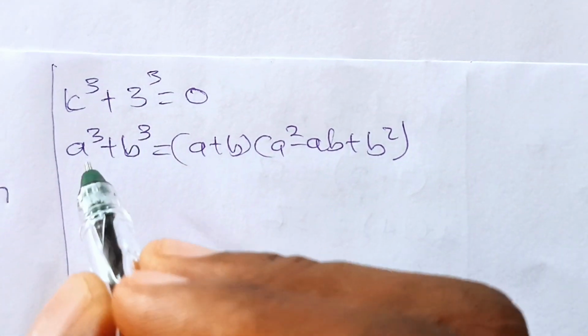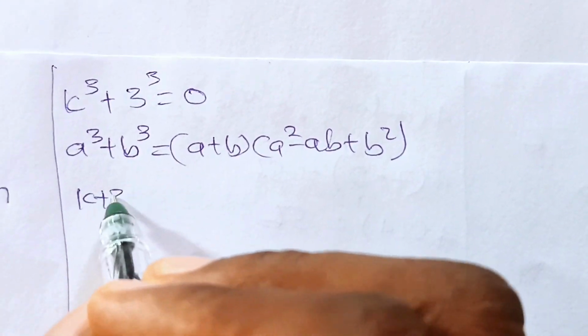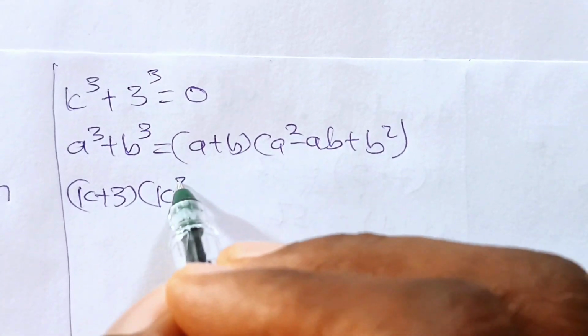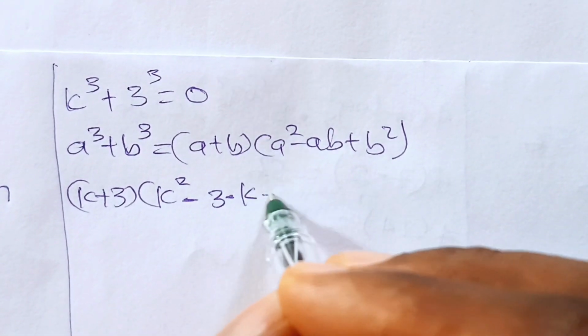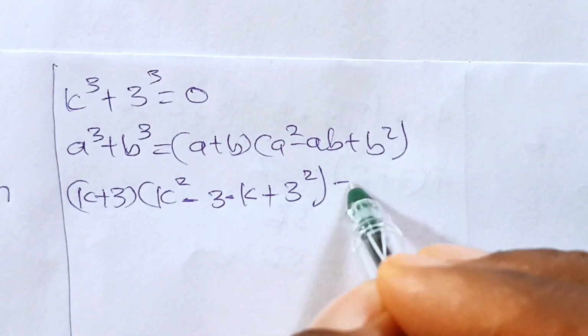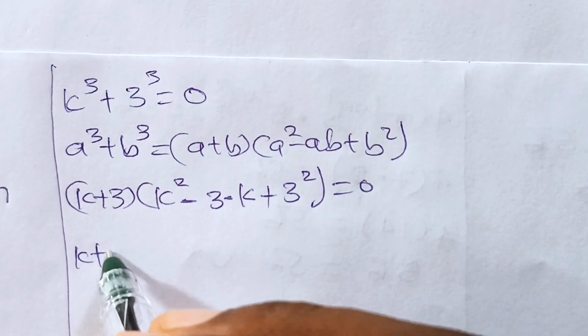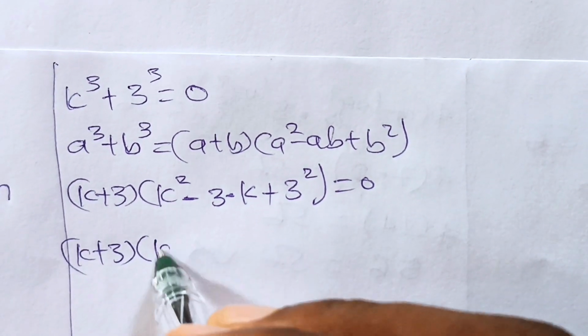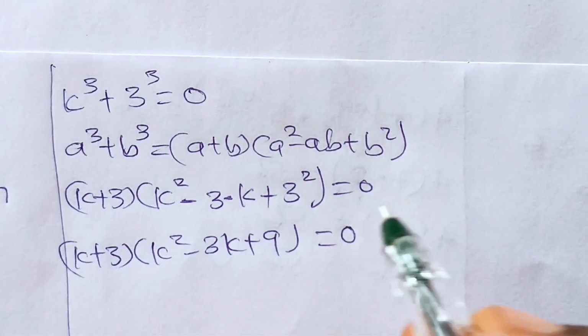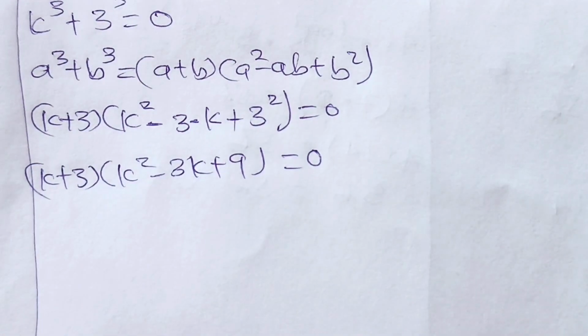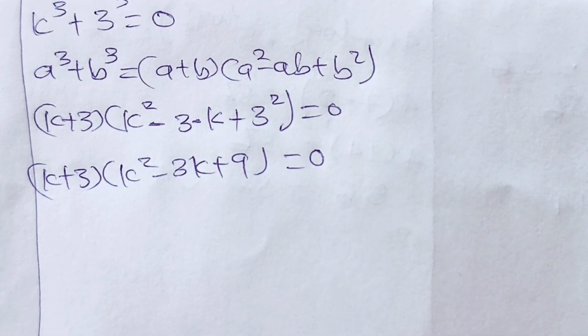All right, so this is going to be k plus 3 multiplied by k squared minus 3 multiplied by k plus 3 squared, and this is equal to 0. So we have k plus 3 multiplied by k squared minus 3k plus 9 is equal to 0. Now, to solve this, we are going to use the quadratic equation formula.